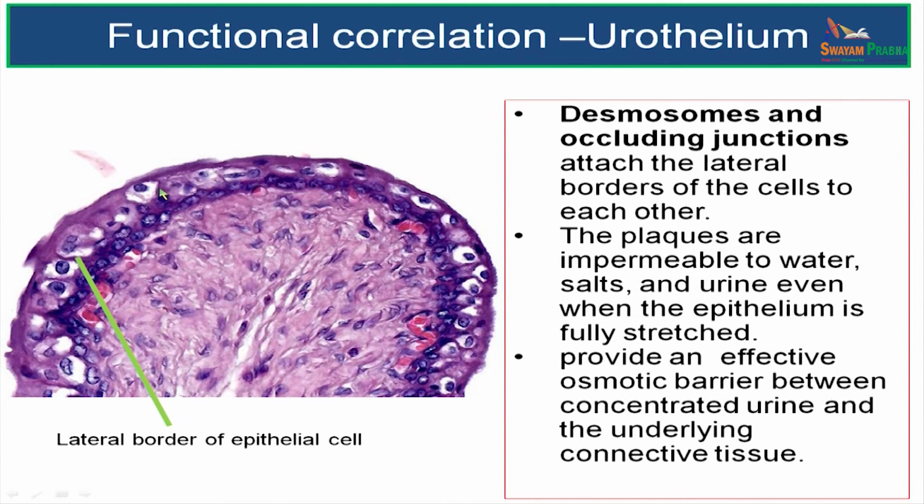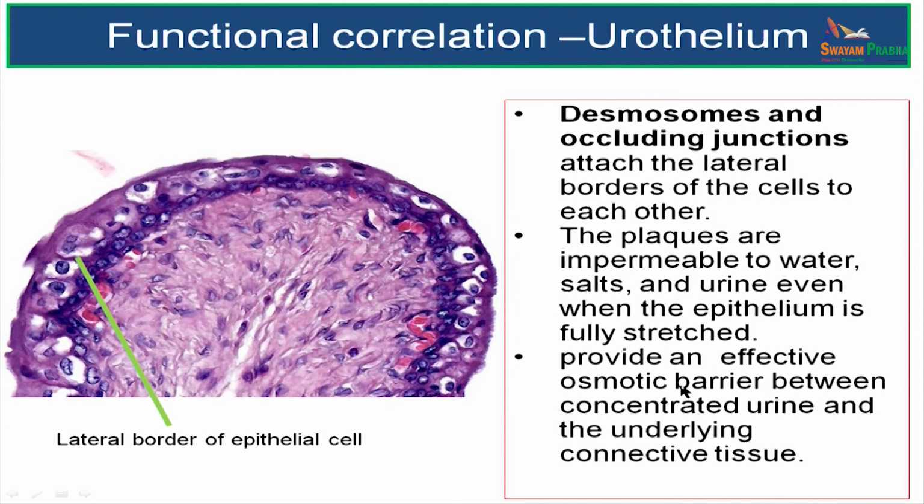So, what is the importance of the plaques? They are impermeable to water, salts and urine even when the epithelium is fully stretched. When the epithelium is fully stretched, it becomes compressed as 3 layers. When the bladder is distended with urine, the plaques are impermeable to water, salts and urine.